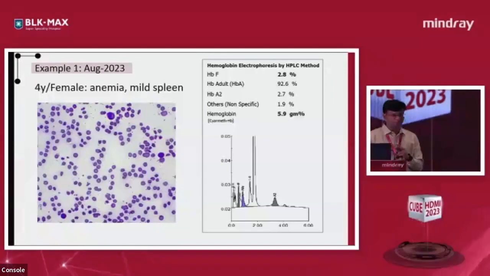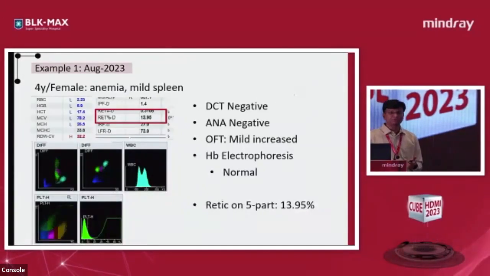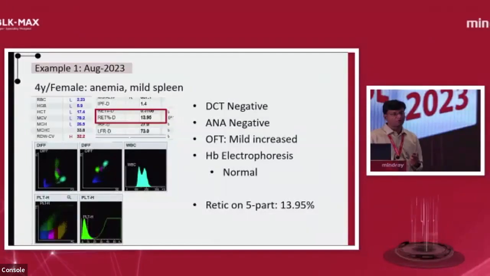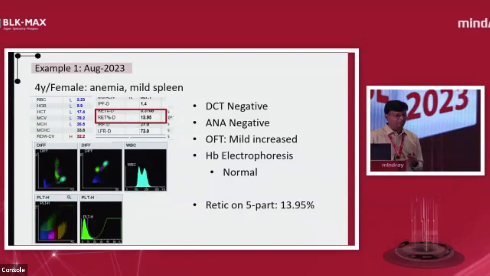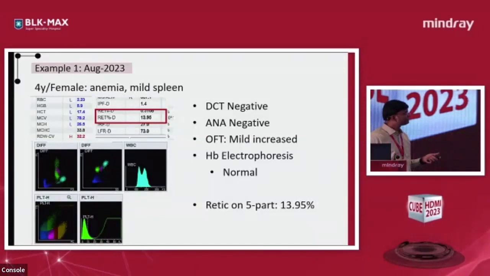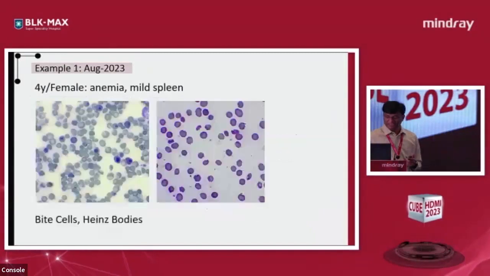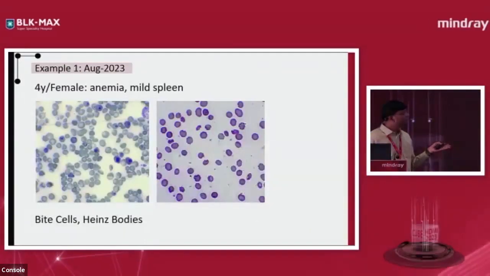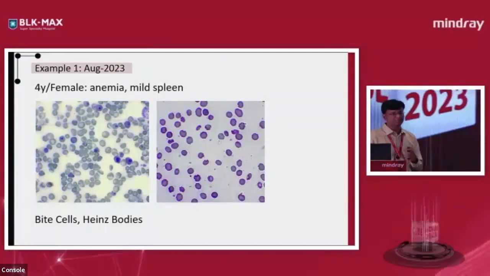Electrophoresis was near normal, except that HbF was mildly raised. DCT was negative, ANA was negative, osmotic fragility was mildly elevated, and HB electrophoresis was normal. Our CBC retic count gave 13.9%. Then we did a manual stain, saw Heinz bodies, and on reviewing our slide, bite cells were there. So this is a case of G6PD.